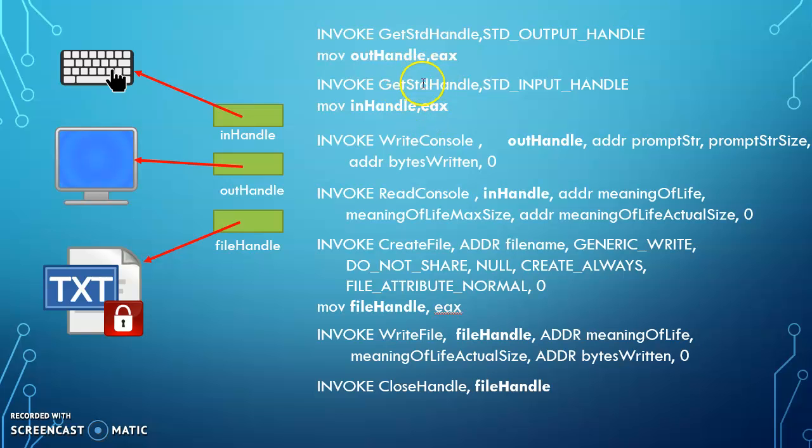Getting the standard handle of the input, we store that into input handle, and later when we're reading from the keyboard, we use the handle. On creating the file, EAX has the file handle, and later when we write to the file, we write using the file handle, and we close the file using the file handle. So the handles are introduced as one of the demos.